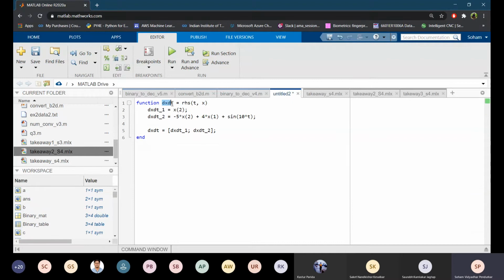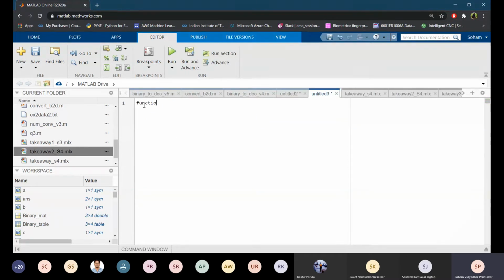Note that this dxdt is our output variable. And we have to note that whenever you're creating a function, whenever you define this output, at the end, whenever the function is complete, this should receive some value. So if I create, let's say, function total is equal to add two numbers, num1 and num2.